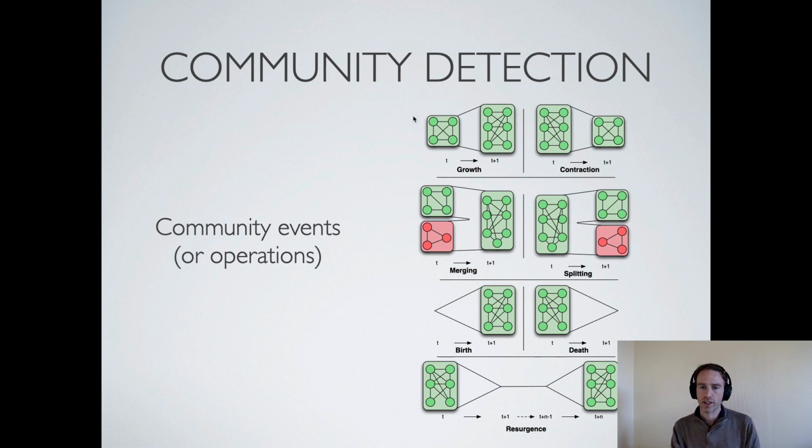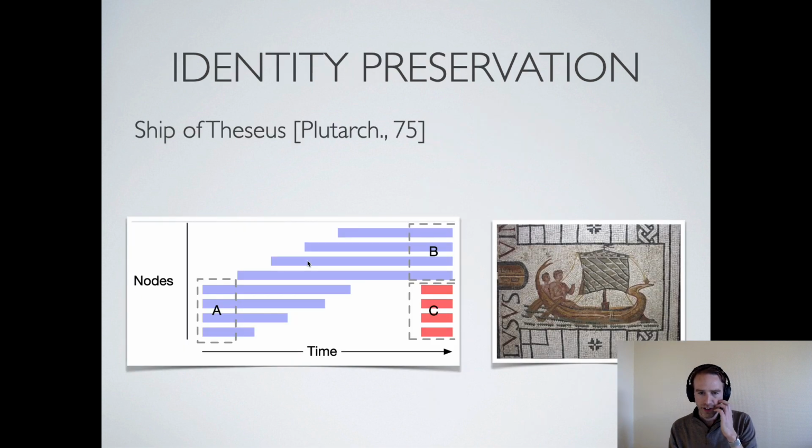One is the question of community events, so growth, contraction, and more importantly, merge and split. You can have communities that merge and split, and you would like to be able to detect these things. There is another topic I haven't introduced here, which is smoothness.